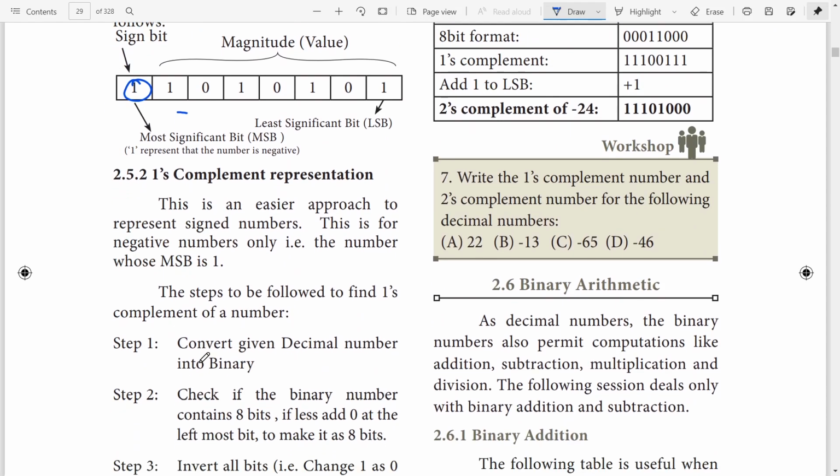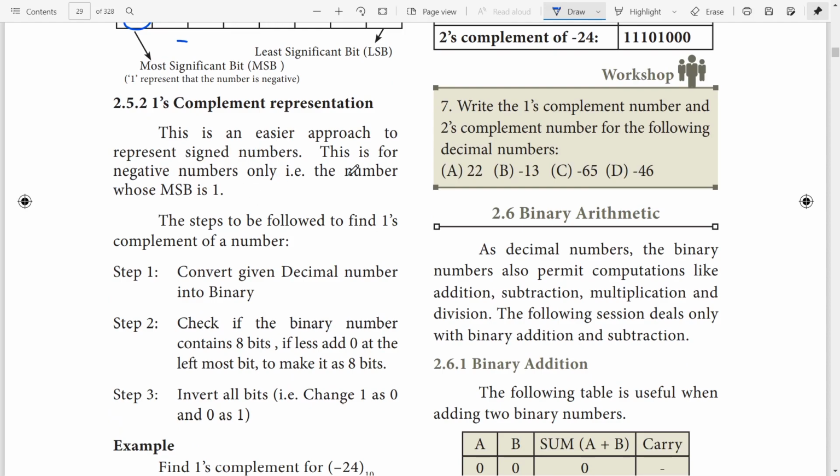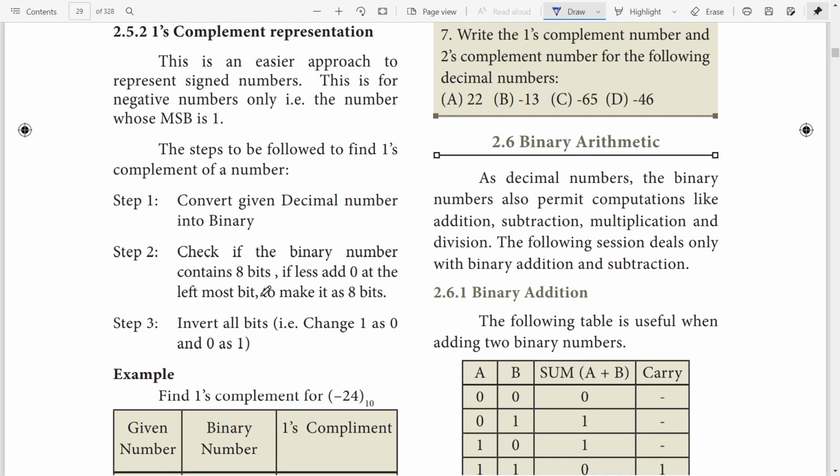Okay, next, one's complement and two's complement. One's complement is the reciprocal, like that. So listen, this is for negative numbers only. The number whose most significant bit is 1 is to be treated as the one's complement of a number. Convert the given decimal into binary.